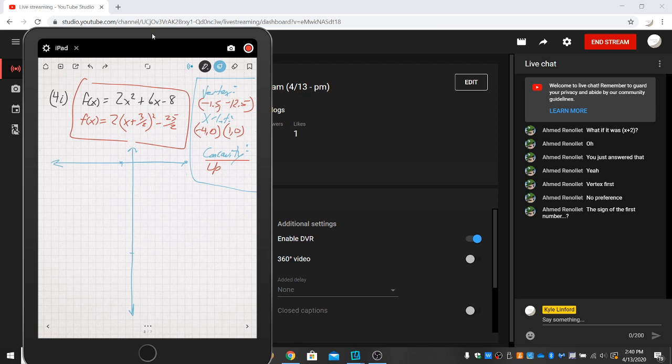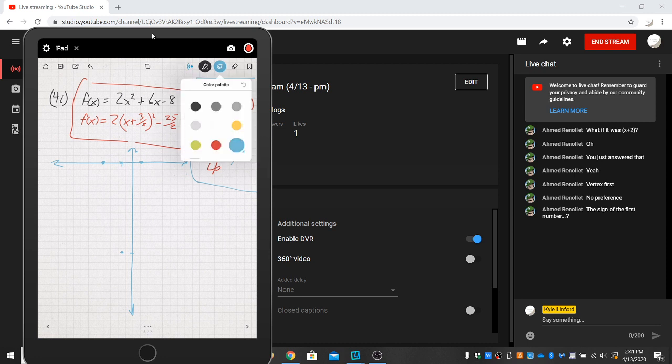Somewhere right in the center of that circle, that's where the vertex is, and we know where the x-intercepts are: (1, 0) and (negative 4, 0). So we can, using these 3 points, try to sketch a little graph.